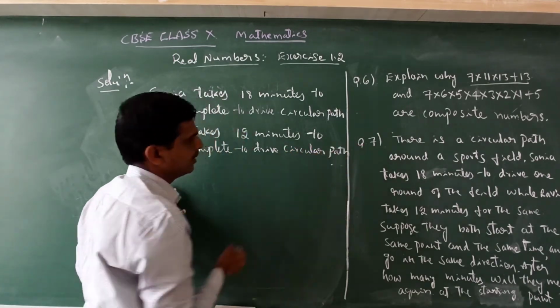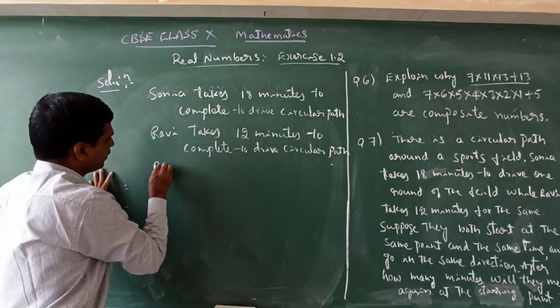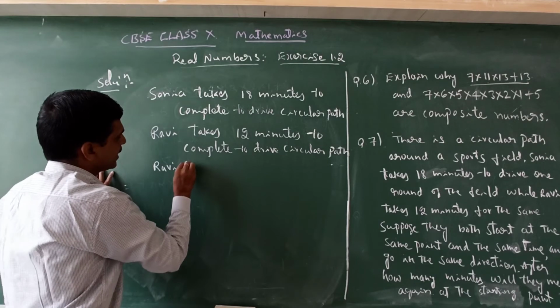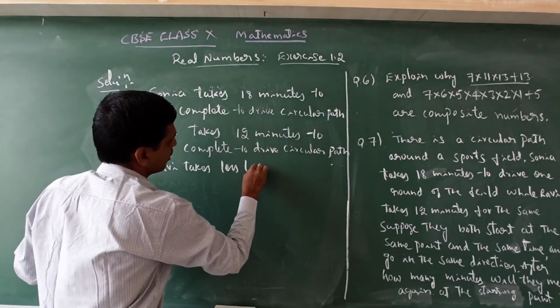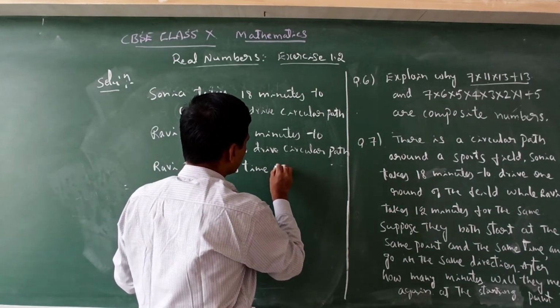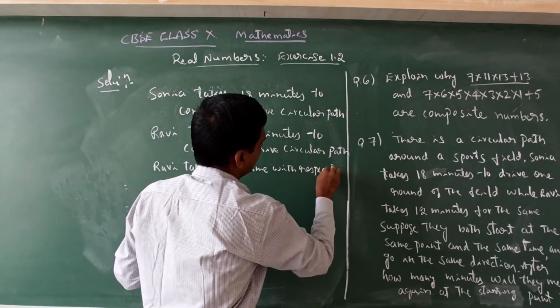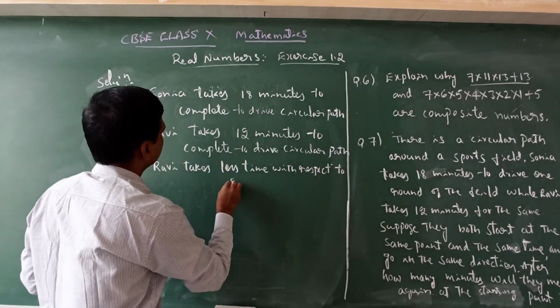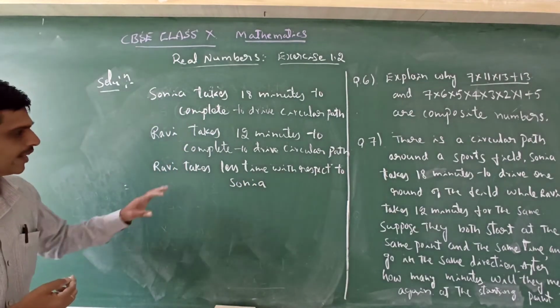So now comparison comes. Who took lesser time? Ravi takes less time compared with respect to Sonia. Therefore, we should take that.